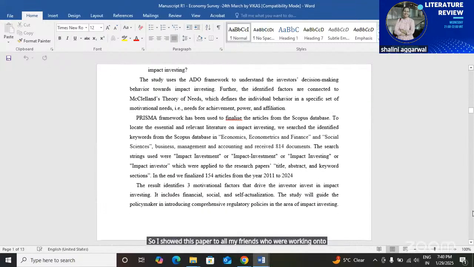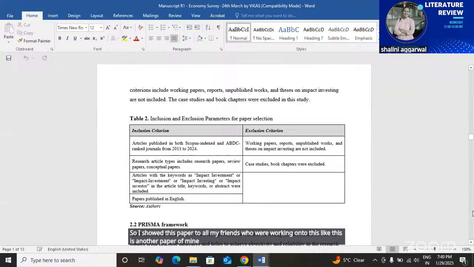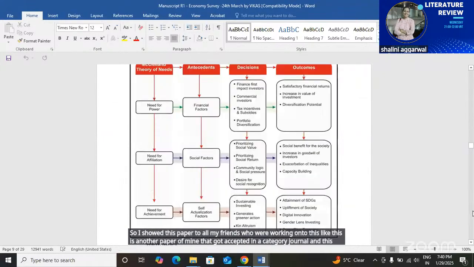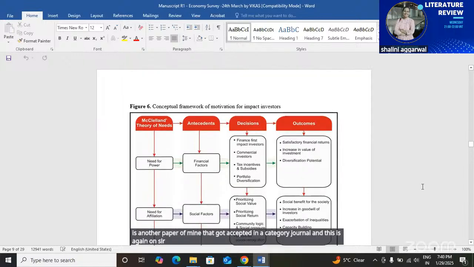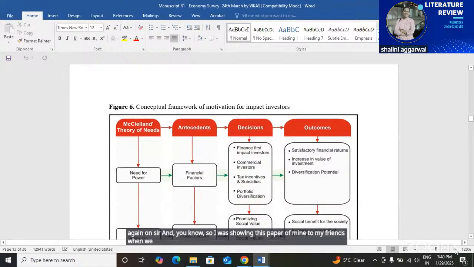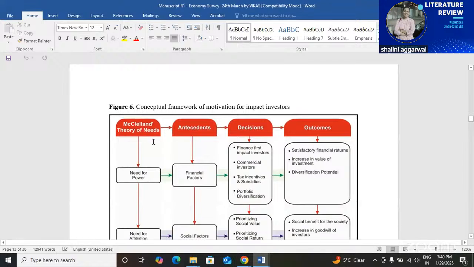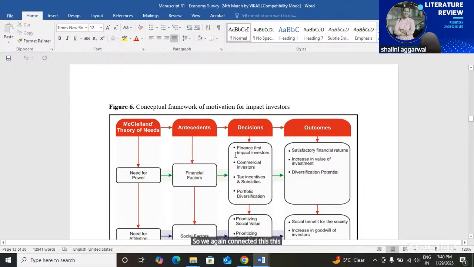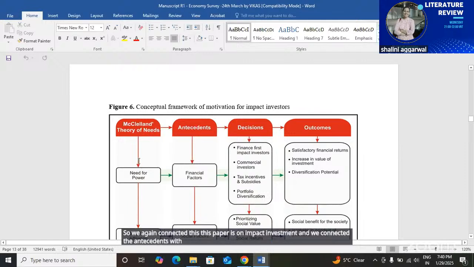This is another paper of mine that got accepted in an A category journal, and this is again on SLR. So here again it comes with brainstorming. McClelland's theory of needs: this paper is on impact investment, and we connected the antecedents with McClelland's theory of needs.